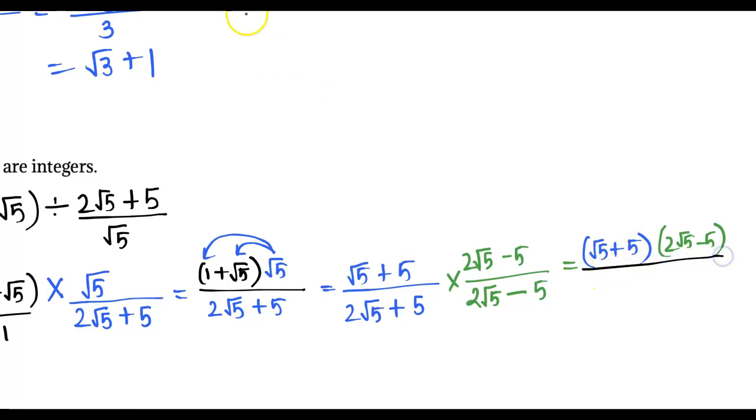Over it's going to be 2 root 5 plus 5, and the other bracket we have 2 root 5 minus 5, right?